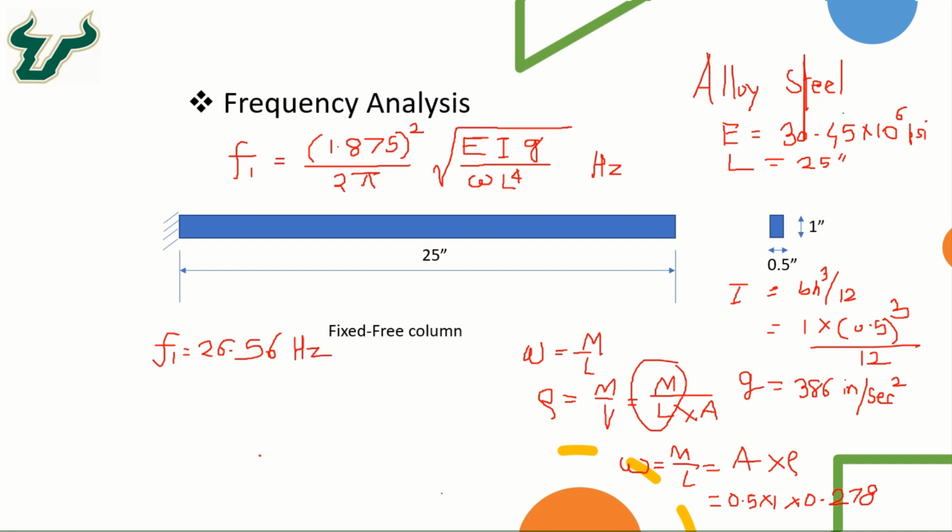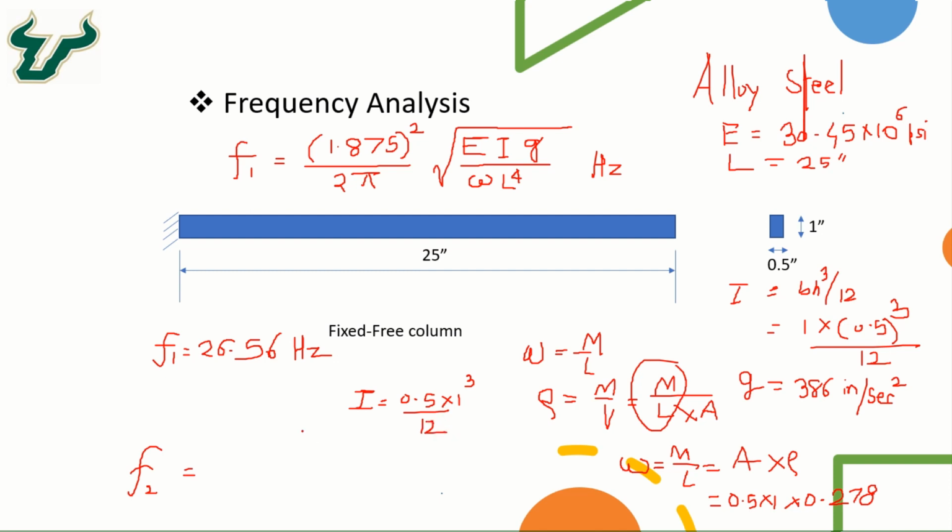Okay, and if we try to calculate the natural frequency in the other plane, meaning instead of I equal to 1 times 0.5 cubed over 12, if we change the orientation of this beam by 90 degrees, so we get 0.5 times 1 cubed over 12.